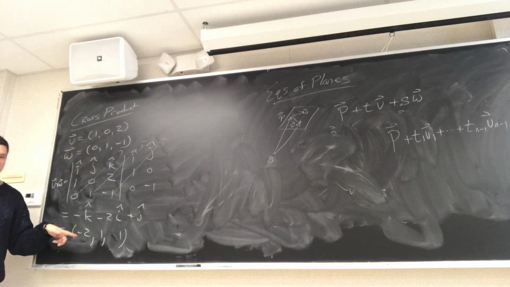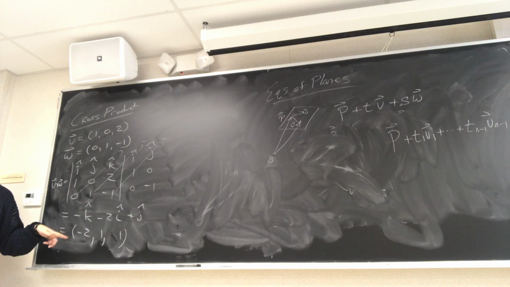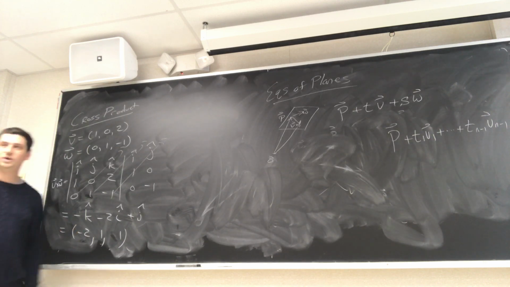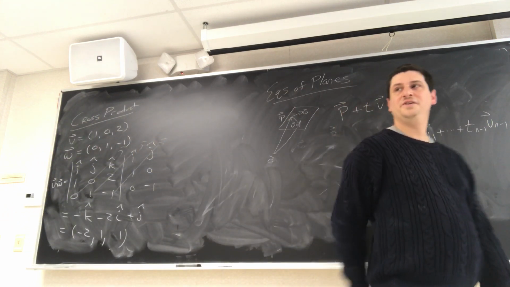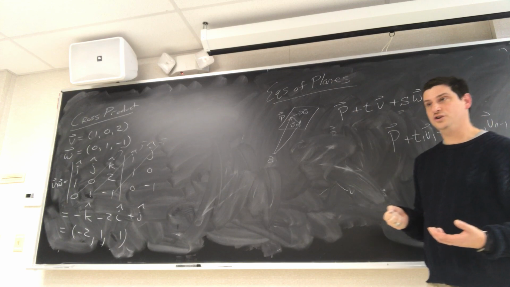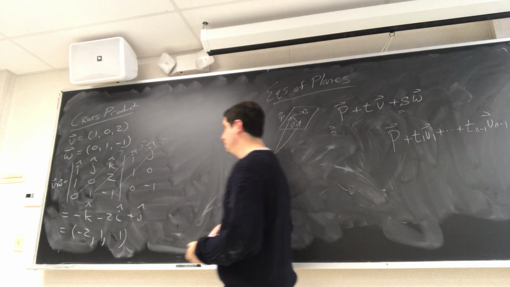What can you do with your answer here? You believe that this is the answer. You believe that this vector is perpendicular to v and w. What can you do? Check. So you can check and see, well, does it work?